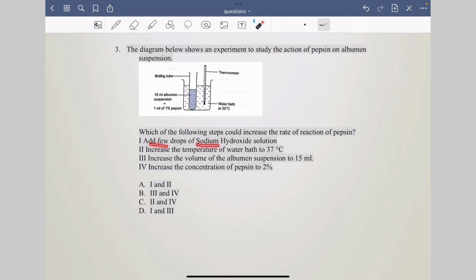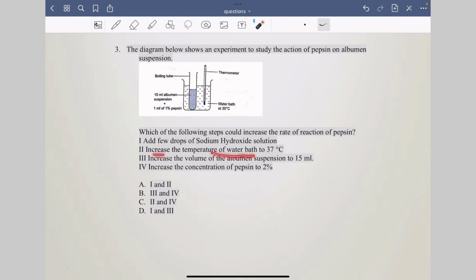Add few drops of sodium hydroxide solution. This is an alkali medium, so it can increase the pH, so it is not suitable.